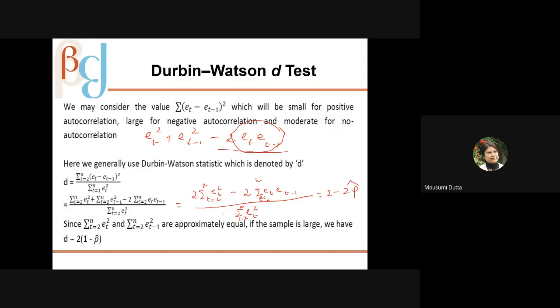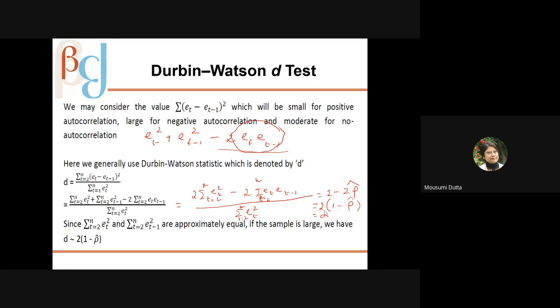So this is equivalent to what is called the D statistic, or Durbin-Watson statistic, D. D is approximately equal to 2 into 1 minus rho hat.